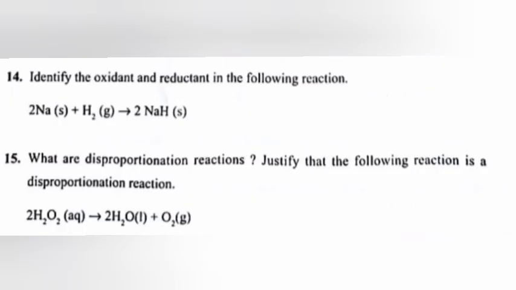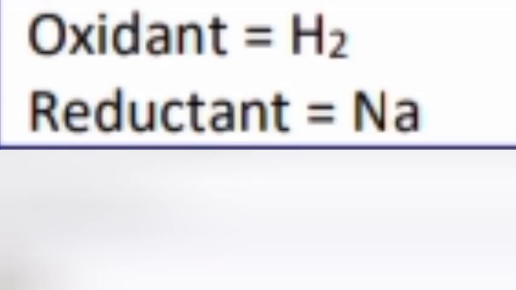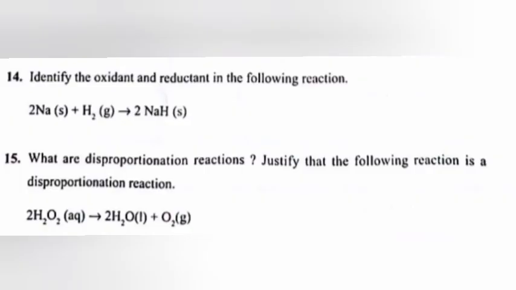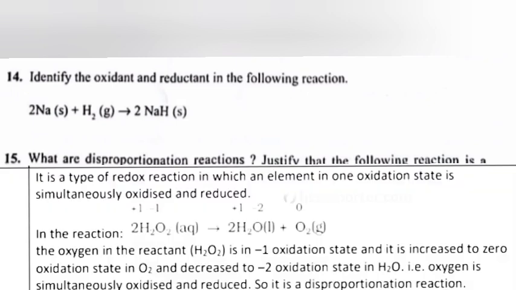14. Identify the oxidant and reductant in the following reaction. Answer: Oxidant is H2, reductant is Na. 15. What are disproportionation reactions? Justify that the following reaction is a disproportionation reaction. Answer: It is a type of redox reaction in which an element in one oxidation state is simultaneously oxidized and reduced.